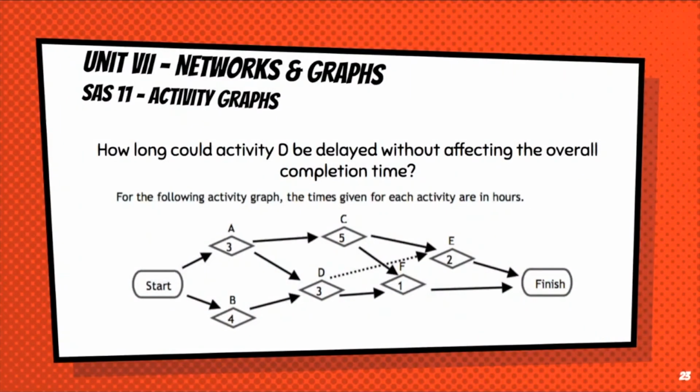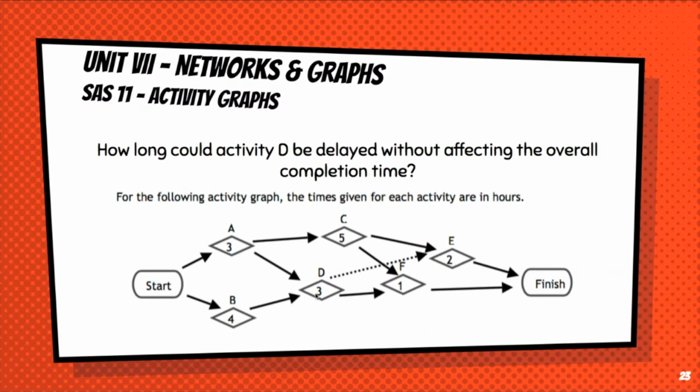All right. How long can D be delayed? The only prerequisites for D are A and B. B is 4 hours, so we can't start D for 4 hours. But there is a pathway after D, F1 and E2. So we can only delay this pathway 4, 3, 2, which is 9.